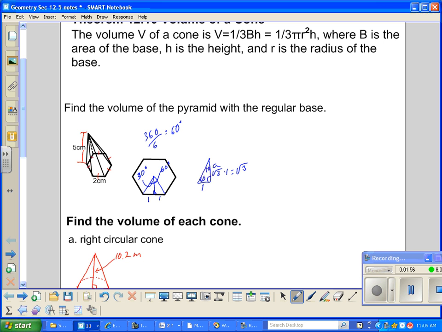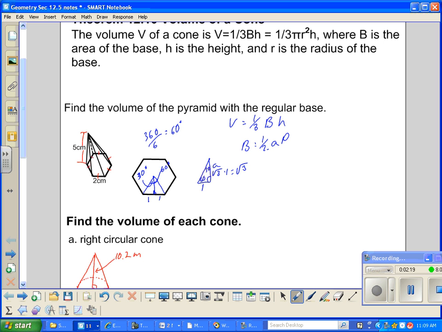So we're trying to find the volume, 1/3 area of the base times the height. And so area of the base, since it's a hexagon, is 1/2 of the apothem times the perimeter. So we've got the apothem, that's the square root of 3.